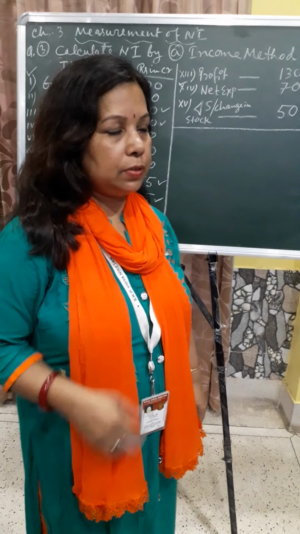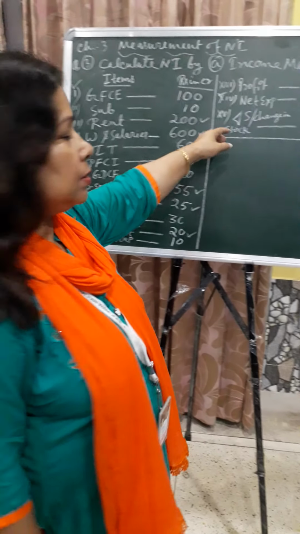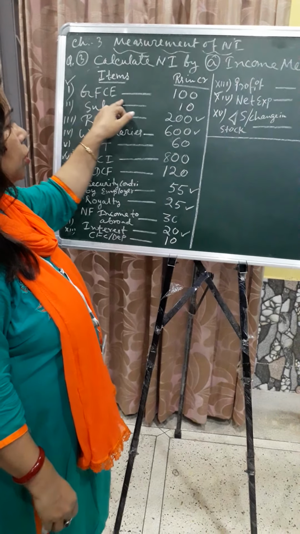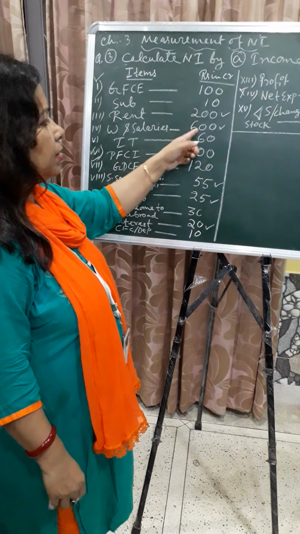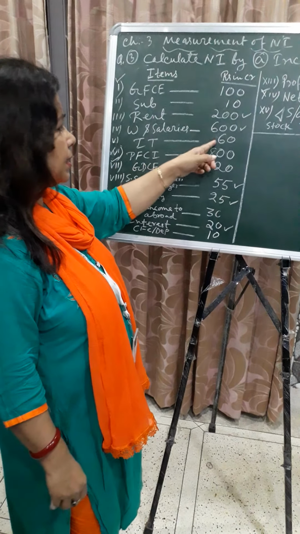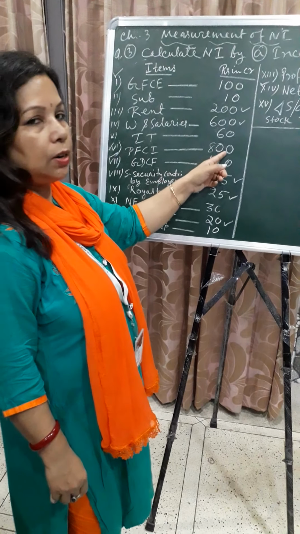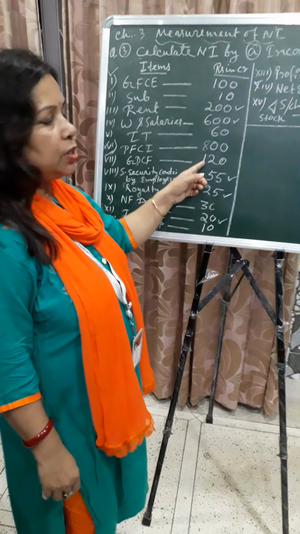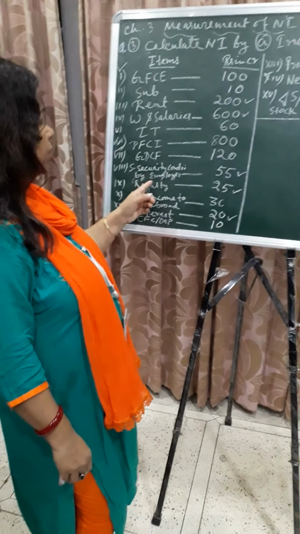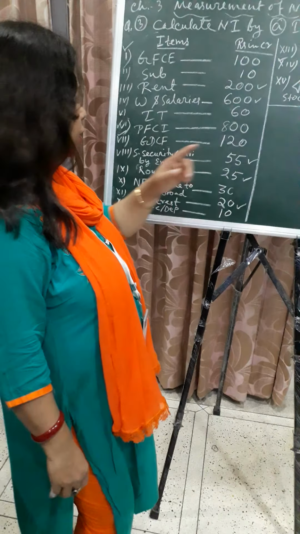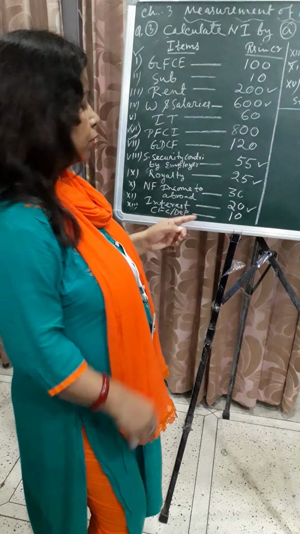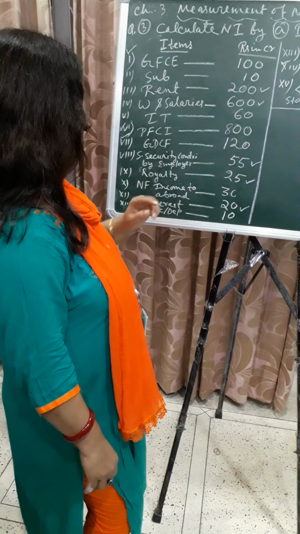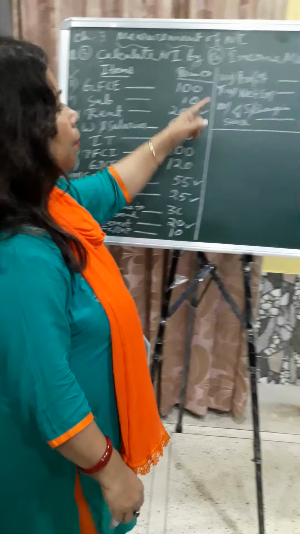So the items here, I have given 15 items. First, government final consumption expenditure, subsidies 10, rent 200, wages and salaries 600, indirect tax 60, private final consumption expenditure 800, gross domestic capital formation 120, social security contribution by employer 55, royalty 25, net factor income to abroad 30, interest 20, depreciation 10, profit 130, net export 70, change in stock 50.